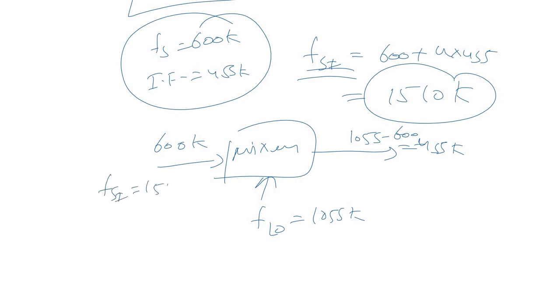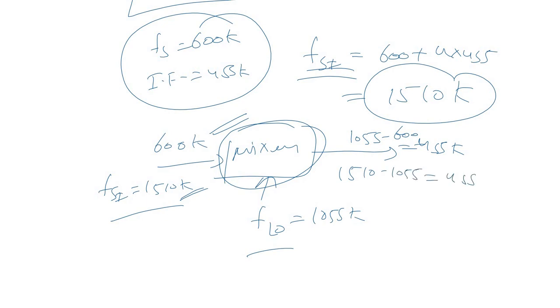That's the concept, right? Now if to the same mixer we give input as the image signal frequency, that is FSI equal to 1510 kilohertz, instead of or in addition to 600 kilohertz, the mixer multiplies these two signals. The resultant will be addition and subtraction of the frequency components, so that will result in 1510 minus 1055, that is again 455 kilohertz, which is nothing but again the intermediate frequency, and that will be further passed through the entire chain of blocks.